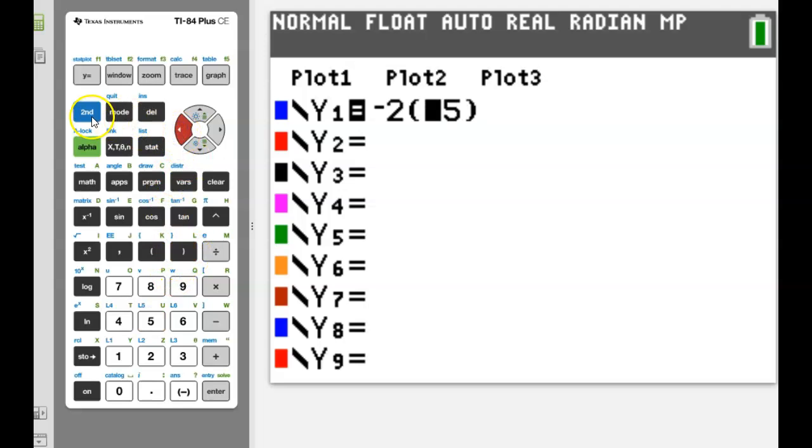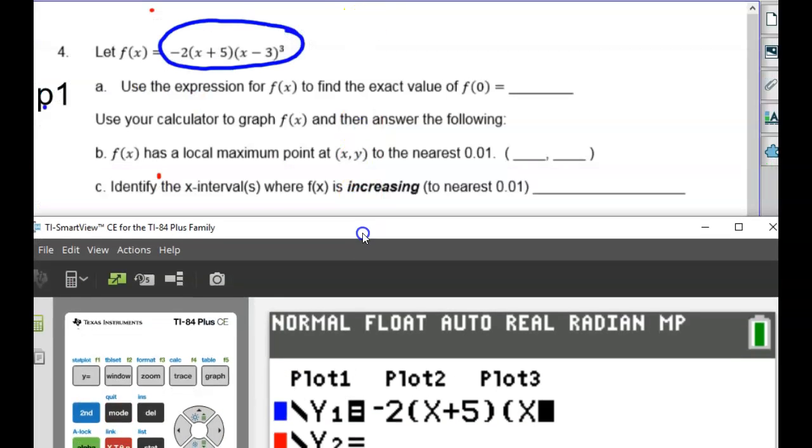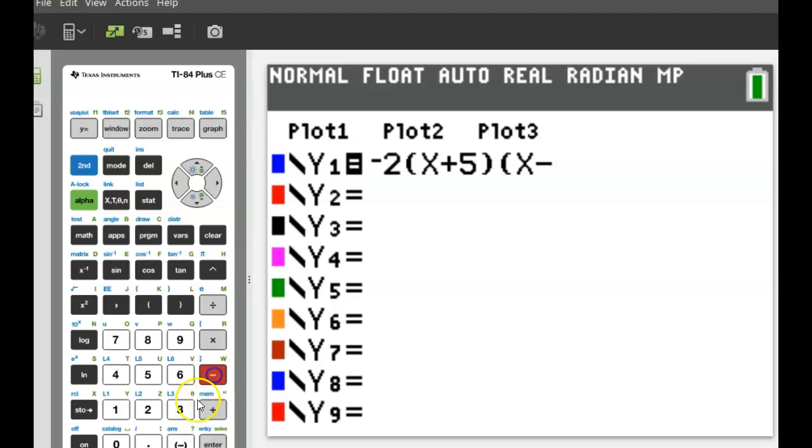Is that one's not squared or anything? And then x minus 3 to the third.